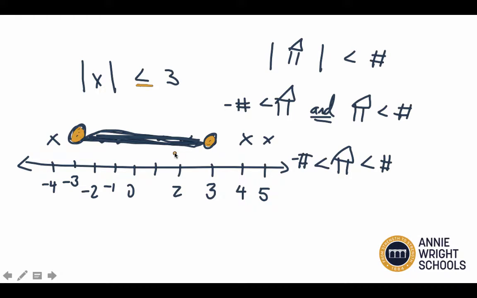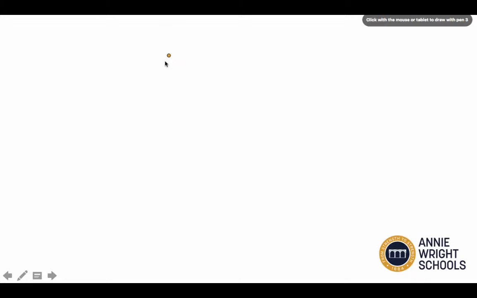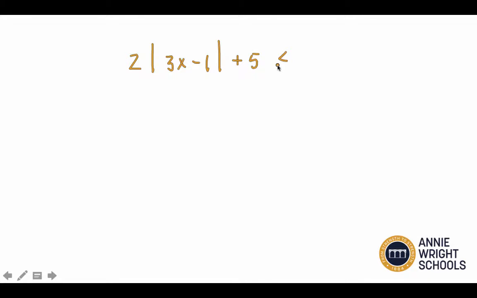So how do we make this harder? I know that's what you want. Well, I give you something like this. 2 times the absolute value of 3x minus 1 plus 5 is less than or equal to 7. So now we just solve getting the absolute value by itself.